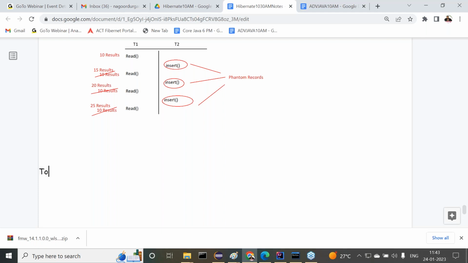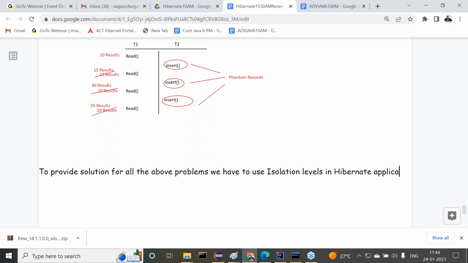To provide a solution for all the above problems, we have to use isolation levels in Hibernate applications. So how are we going to configure the isolation levels in Hibernate applications?